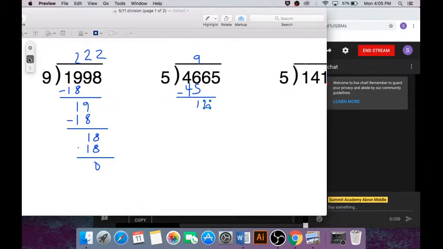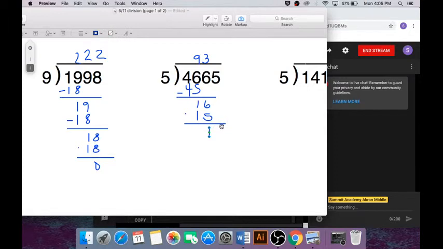So we need to see how many times 5 goes into 16 without going over. It's going to be 3. 3 times 5 is 15. So now we're going to have 16 minus 15, which is 1.